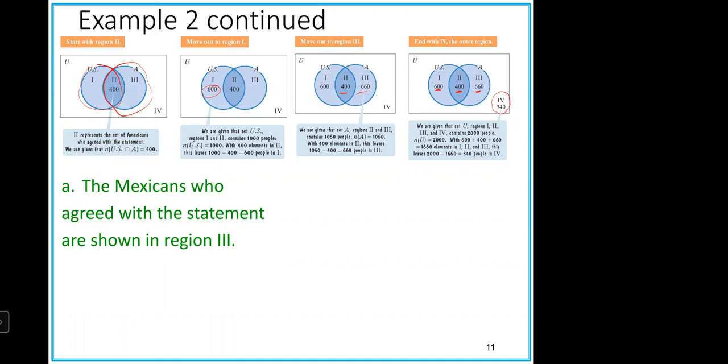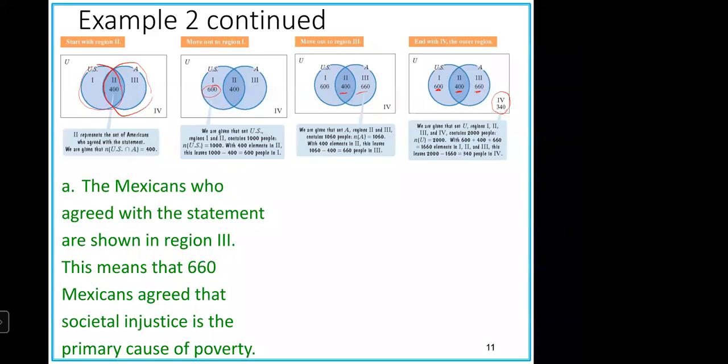So if you're not in the American circle, that means you have to be a Mexican. So those Mexicans who agreed with the statement belong to region 3 because that's the only region where you have agreement which are not Americans. So that would be that region.